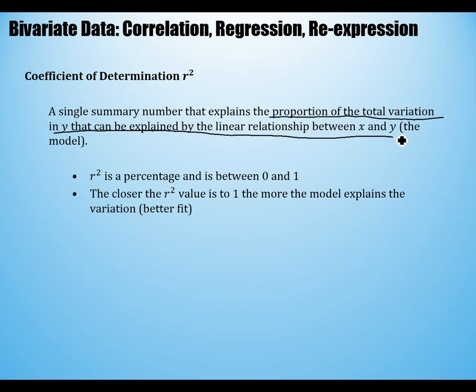So when you square R, not only does it become positive, but it also turns out algebraically that it accounts for literally the fraction of the variance in y that is accounted for by x, or rather by the linear model that we came up with between x and y.